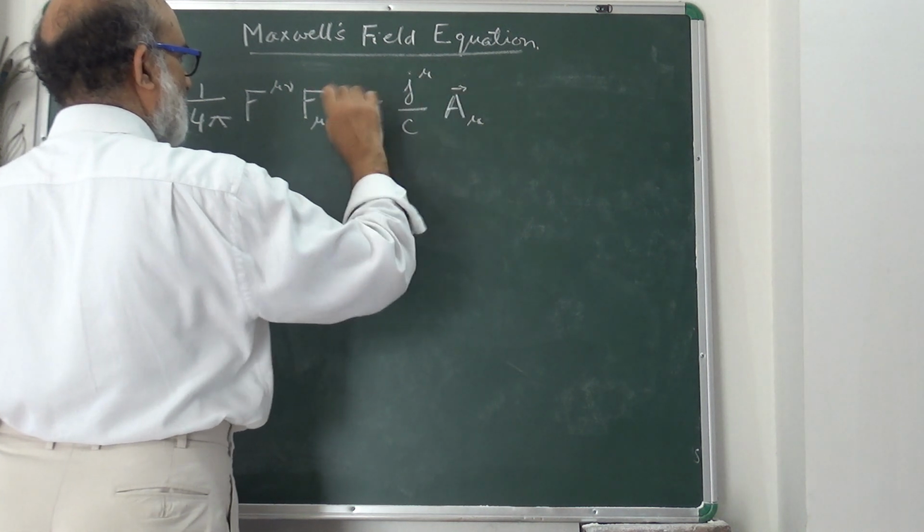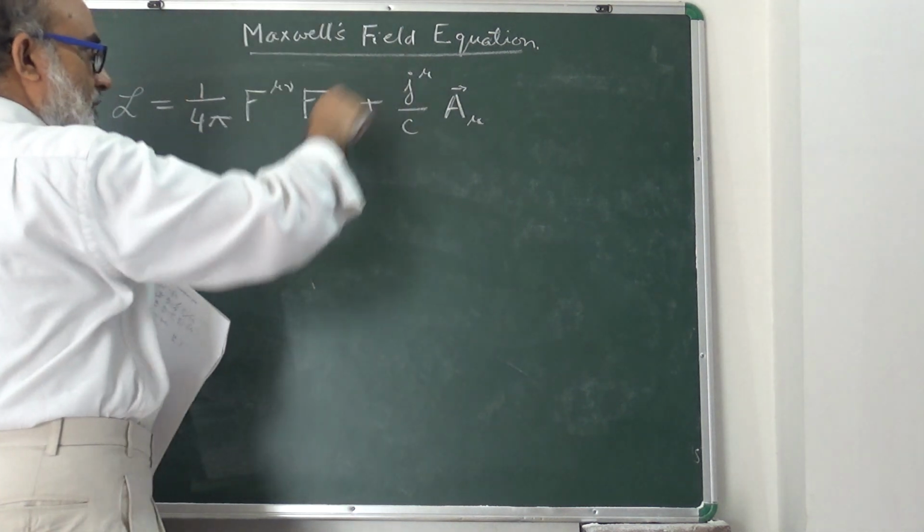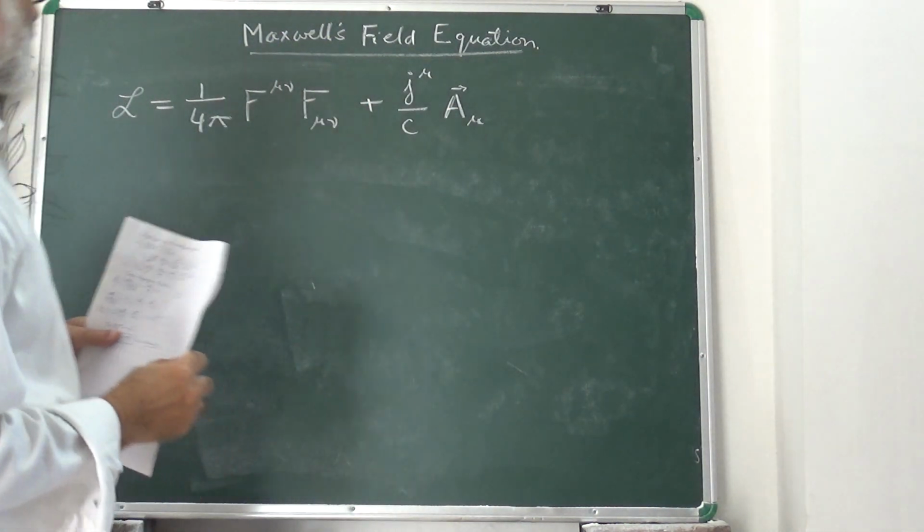The j is the current density. The zeroth component means charge density, and the spatial part is current density.